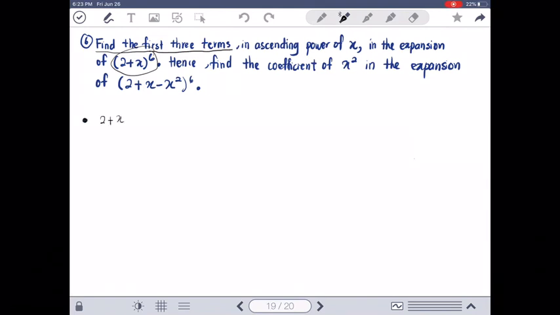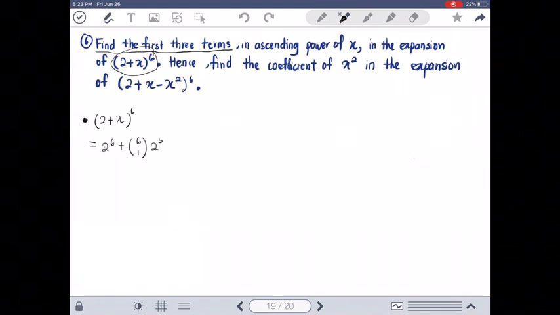Expanding that, we should get a to the power of n, which is 2 to the power of 6, plus nC1 a to the power of n minus 1, which is 6 minus 1, 5, x to the power of 1, plus 6C2, 2 to the power of 6 minus 2, which is just 4, x to the power of 2. So we have the first term, second term, and third term. That is enough, because the question wants us to find only three terms.